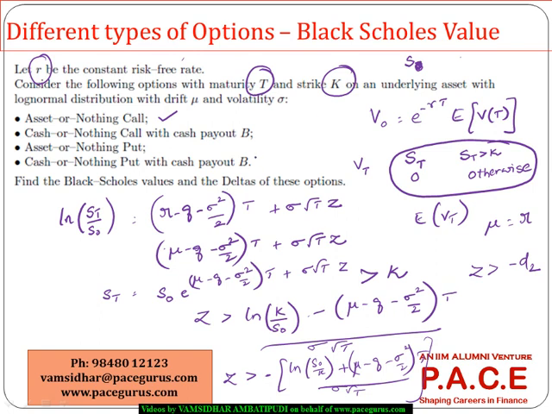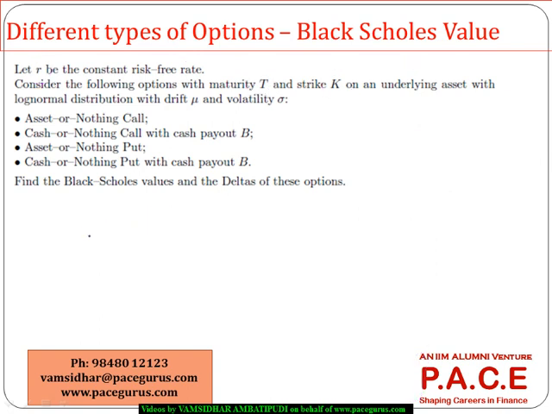So all it works out to is, if I want the price of the call option, I'll take it as e to the power of minus rt divided by square root of 2 pi, with the integration from minus d2 to infinite.